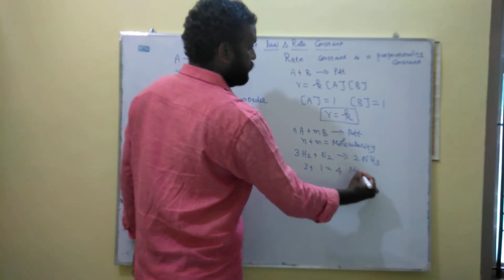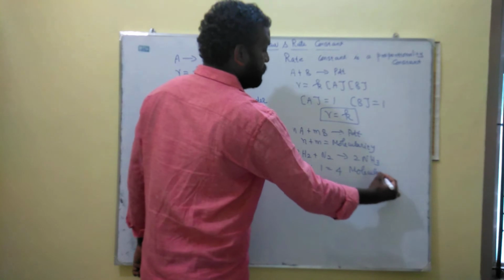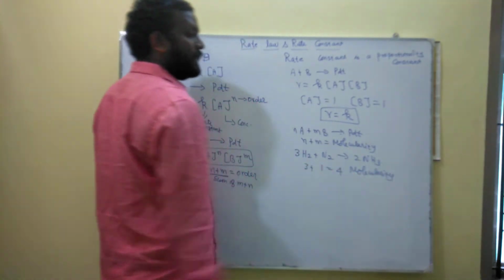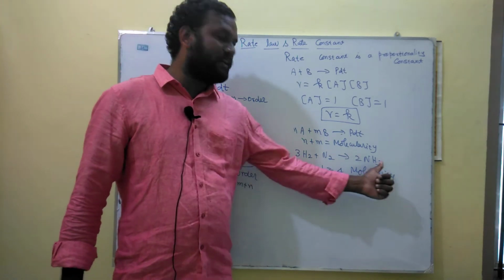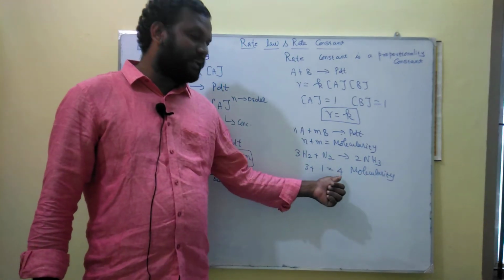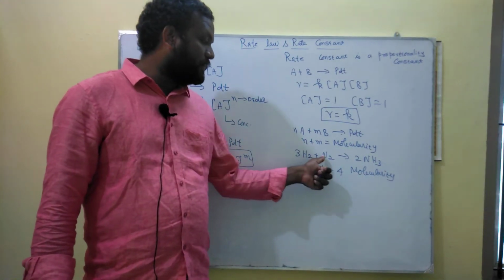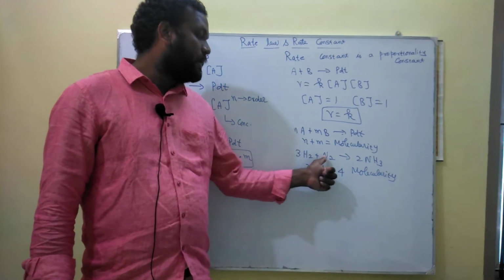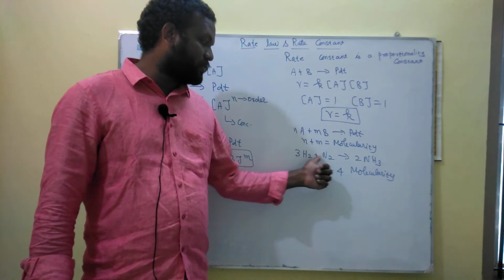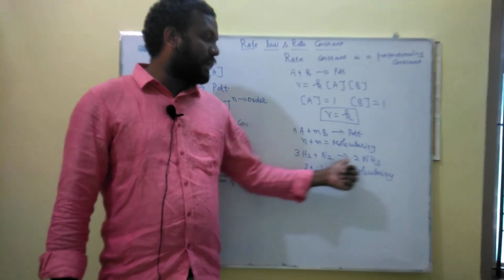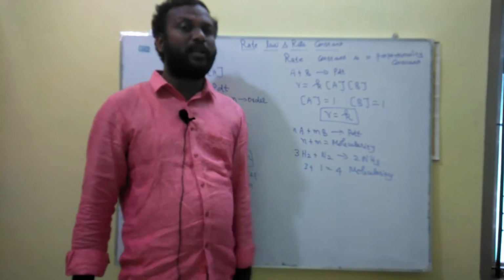Here the 4 is the molecularity. But order may or may not be equal to molecularity. So molecularity is nothing but the sum of the stoichiometric coefficients of the reactants in the balanced chemical reaction.